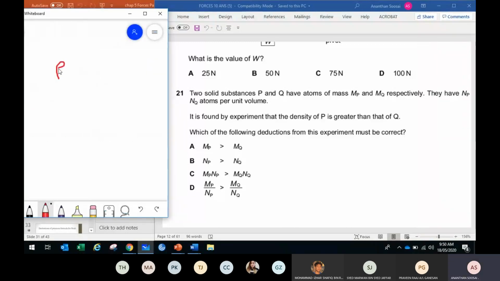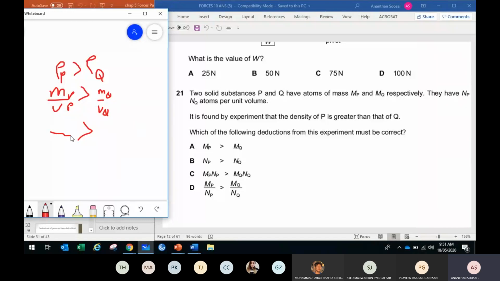Density of P is greater than density of Q. Density of P, we know, is the mass over the volume of P. Mass of Q over volume of Q is smaller. Now they said P has NP, the number of atoms per unit volume, and each atom has mass MP.